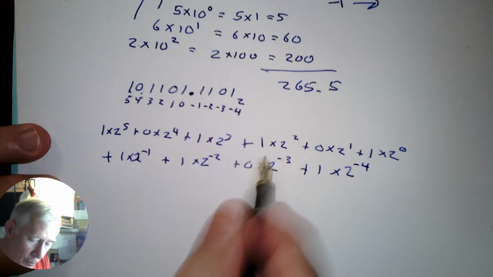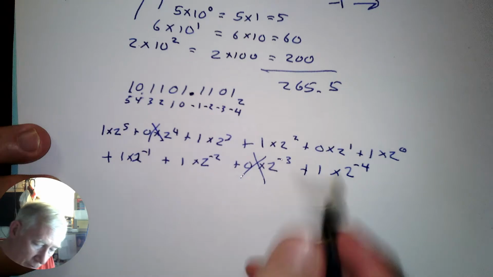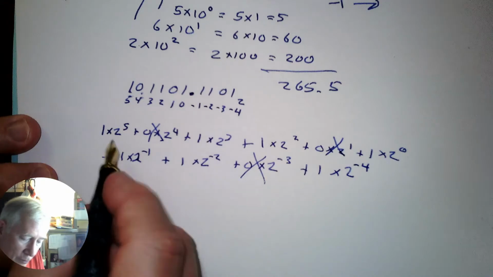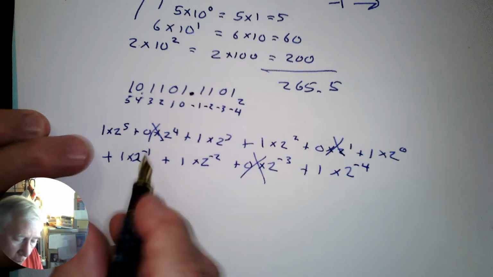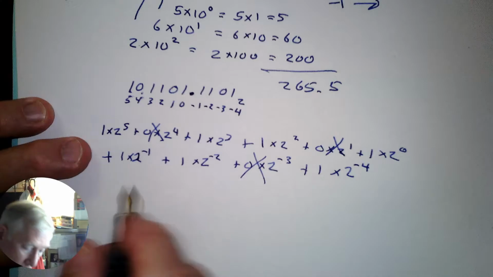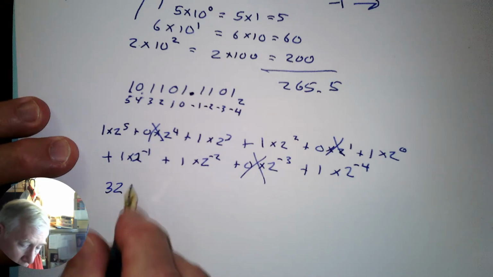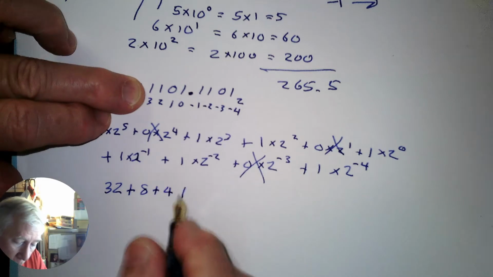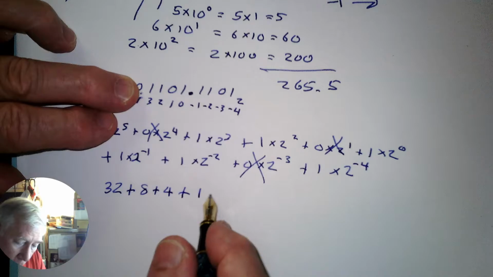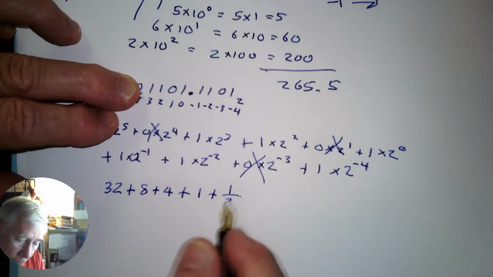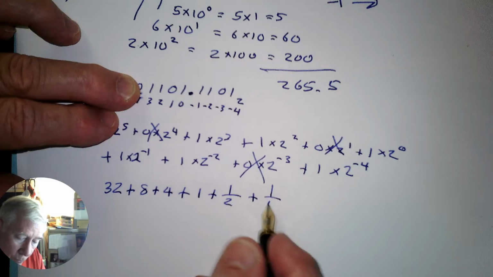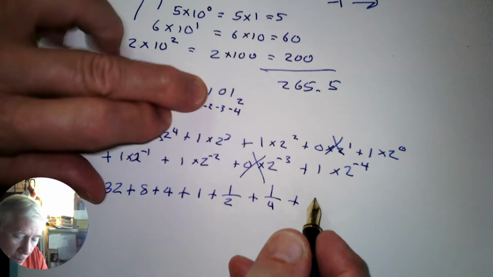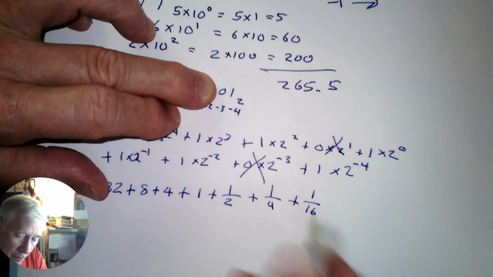Now we can cross out all the zeros because they don't do anything for us. And then we can resolve these powers, and so 2 to the 5th is 32, so we get 32 plus 8, plus 4, plus 1, plus 1/2, plus 1/4, plus 0/8, and plus 1/16.